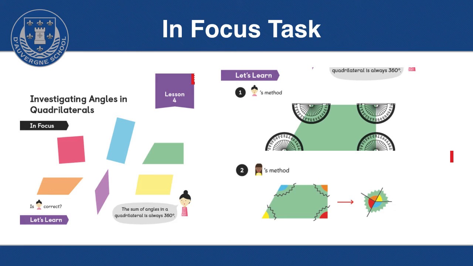Lulu takes the 4 angles, cuts them out and puts them together to see if they make a full circle, because we know the angles in a full circle equal 360 degrees. And again, you can see there that they do. So it is correct that the angles in a quadrilateral will always add up to 360 degrees.